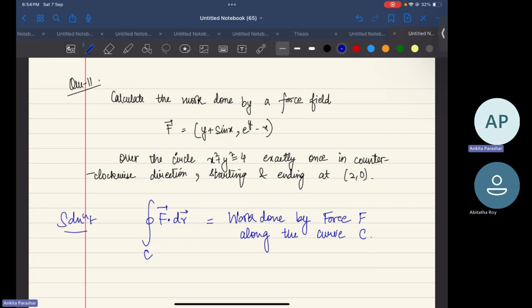Now you understood this is how you have to do it. We have to parameterize it and get the curve along which we have to move. Just some time back, I told you if you had an issue with parameterization, you can do something else.